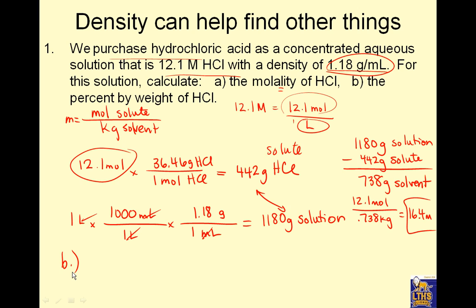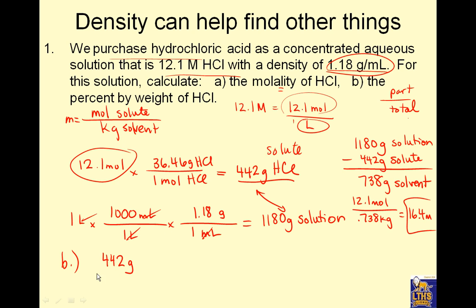Oh, percent. Yay, it's another way to talk about concentration. Percent is always part over total. So what's the part of a solution? The solute. So we need the mass of solute. Let's see, 442 grams. Figured that out earlier.